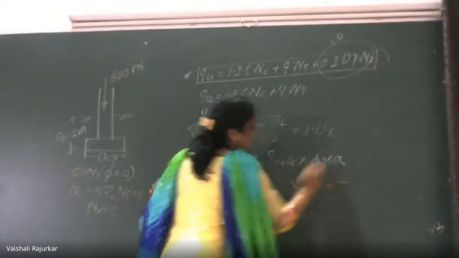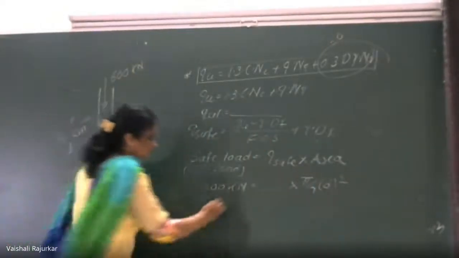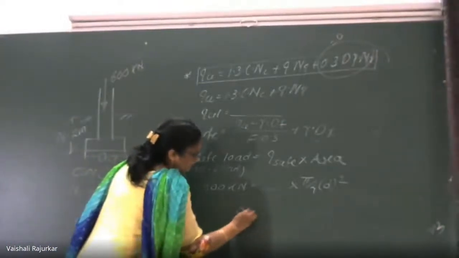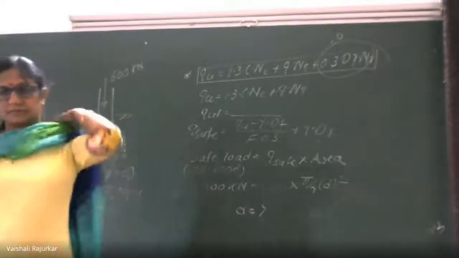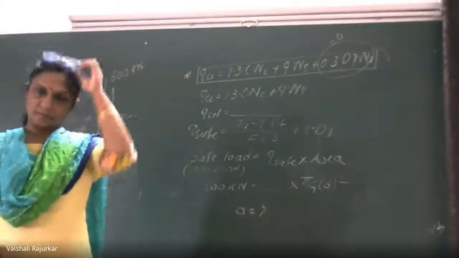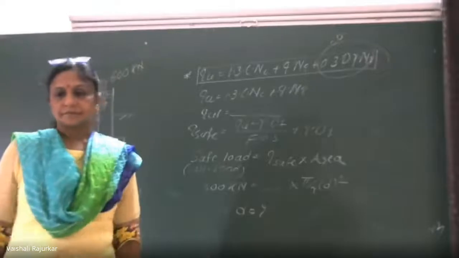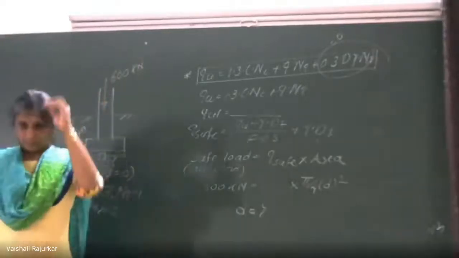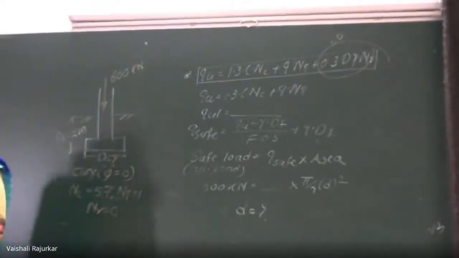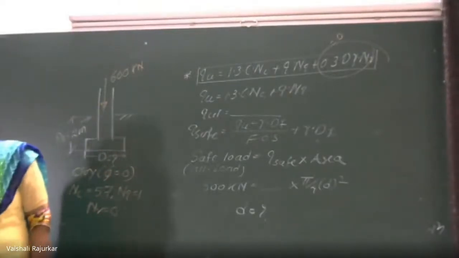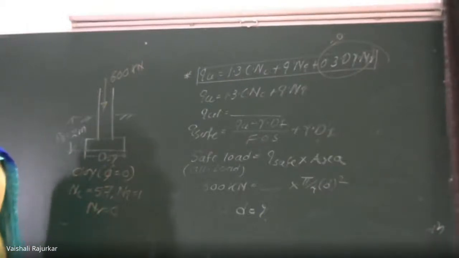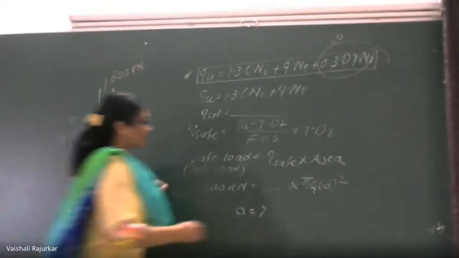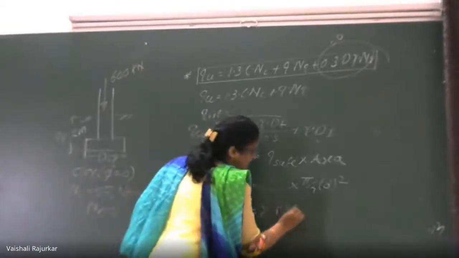It is pi by 4 D square, and you just find out the D. It is D is found to be 1.365 meter.